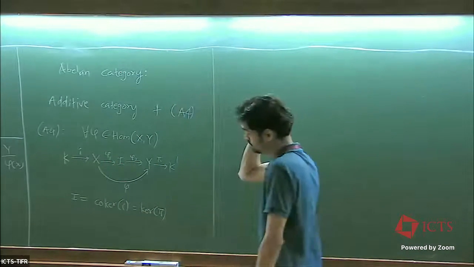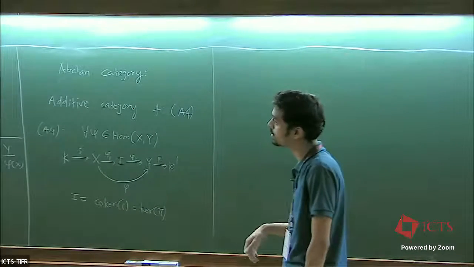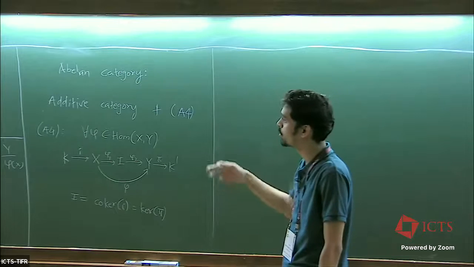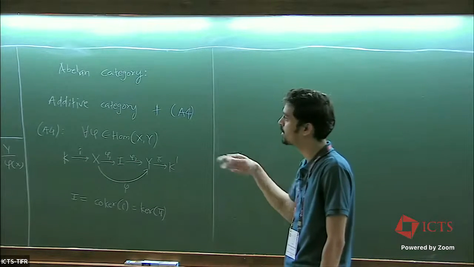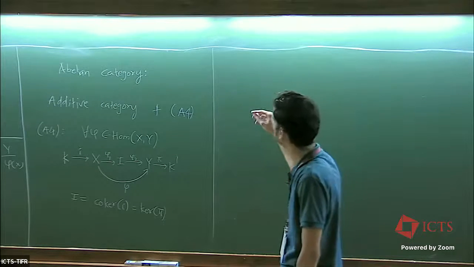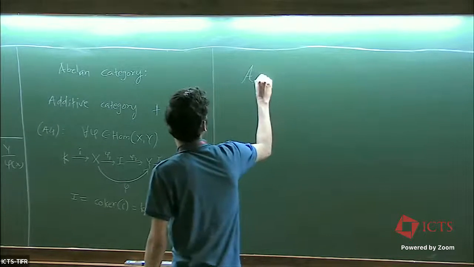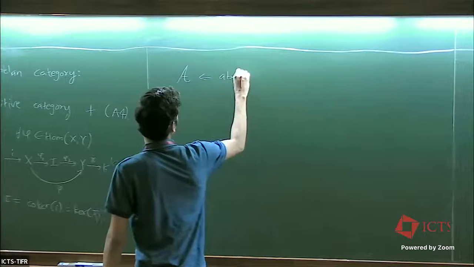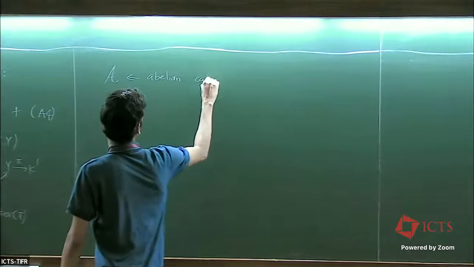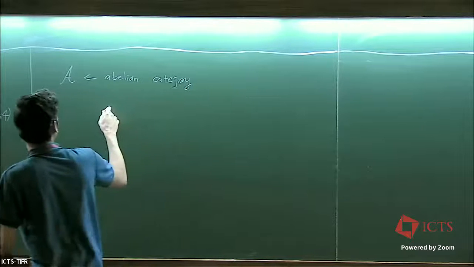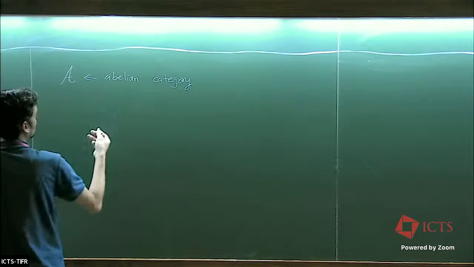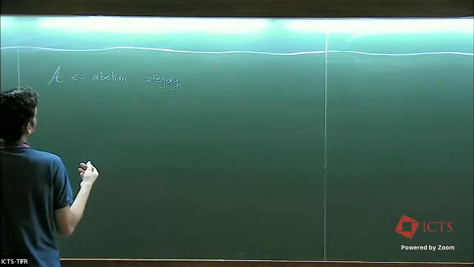Then once we have an abelian category, we can talk about complexes in that category, because we have access to kernels and co-kernels. Suppose A is an abelian category, then we can construct or consider complexes in this category.